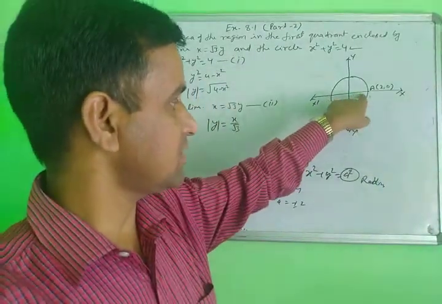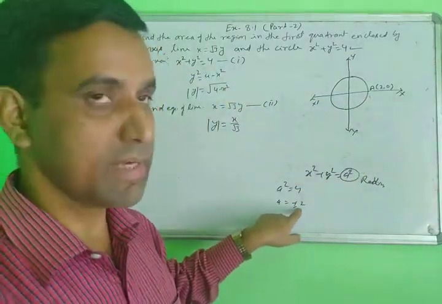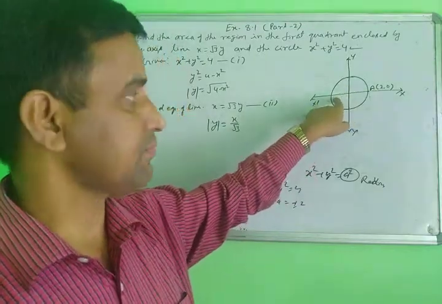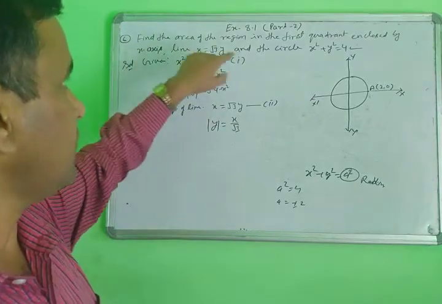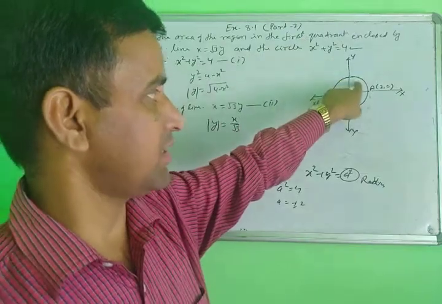What is the radius of the circle? a square equal to 4 given here. It means a equal to plus minus 2. Plus on the right side and minus 2 on the left side.